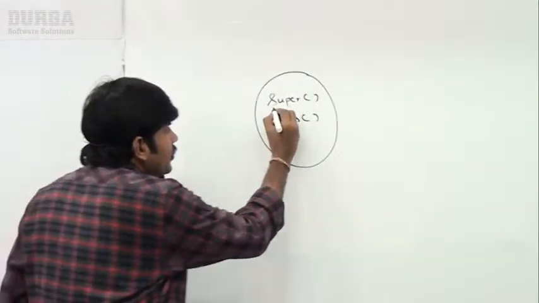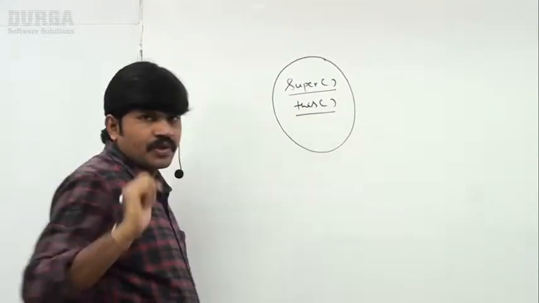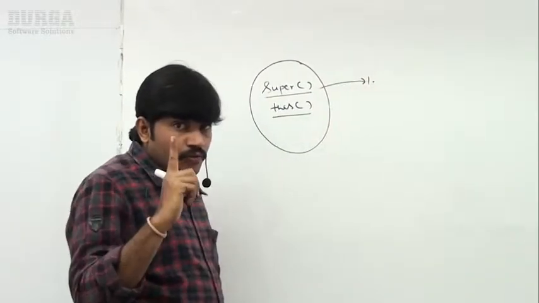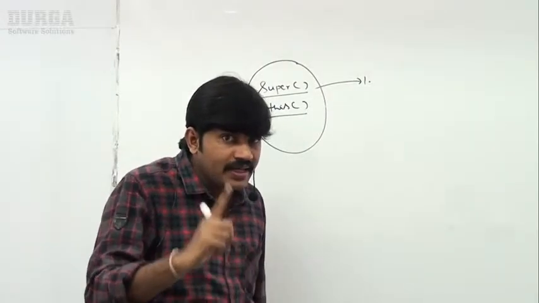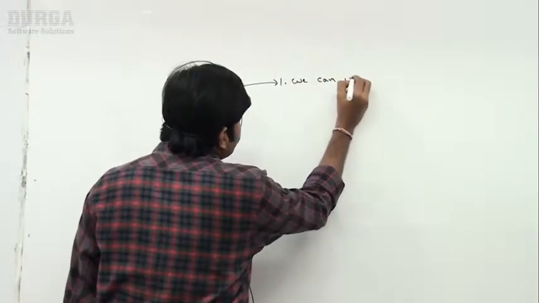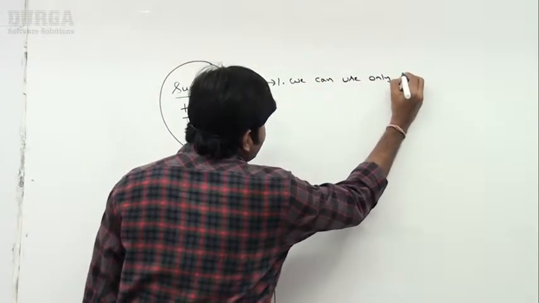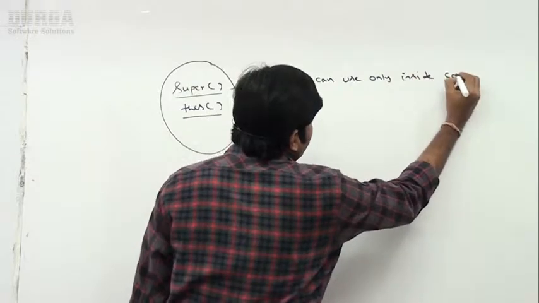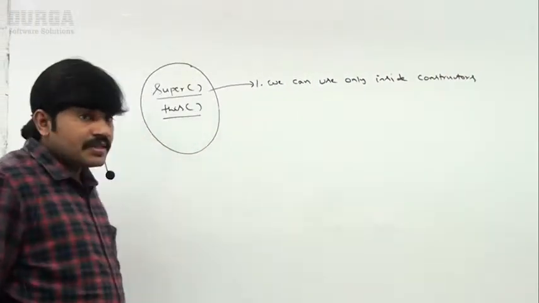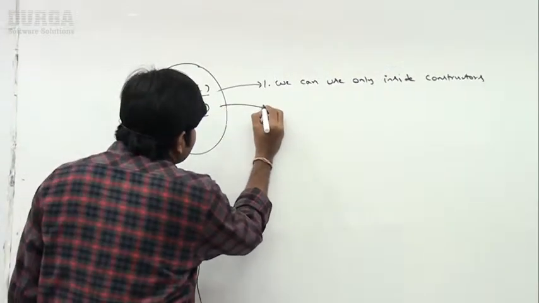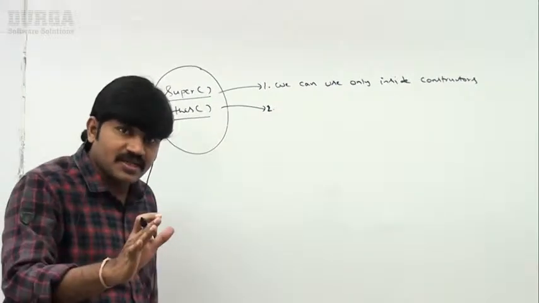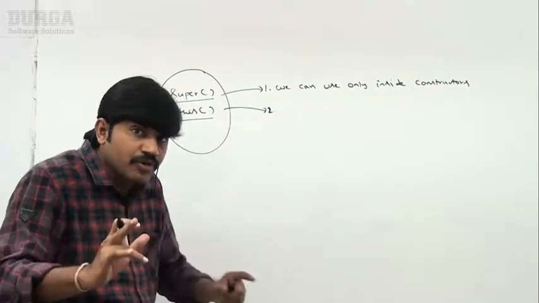Now, let me give a small conclusion about super and this. Have you observed, right? Where can we use them? We can use them only inside constructors. That is the first point. Next, inside a constructor, where can we use them?